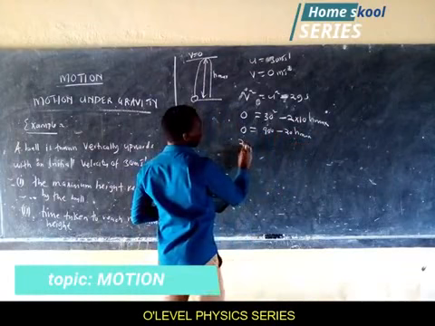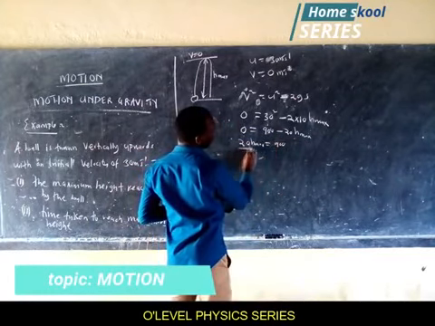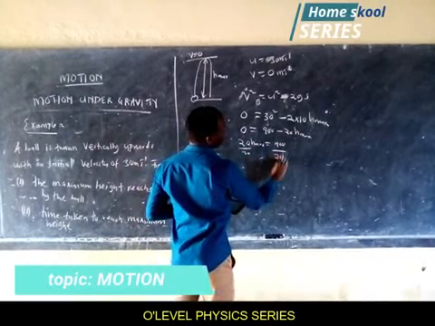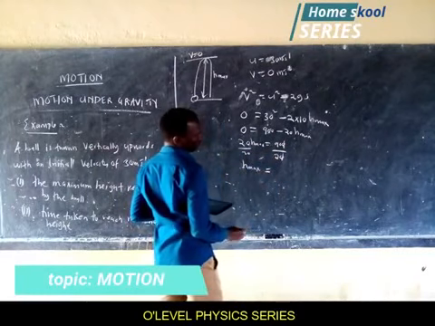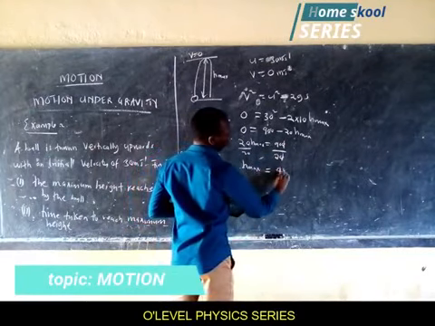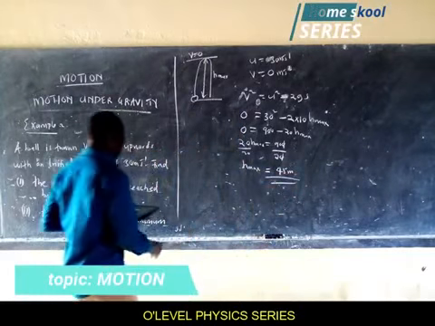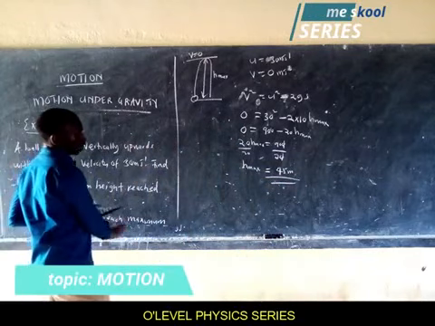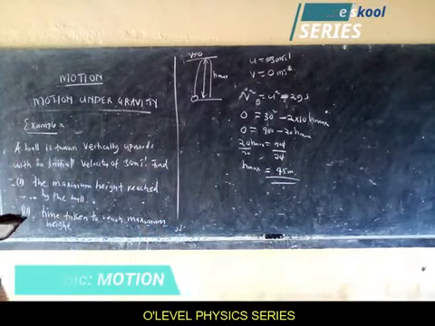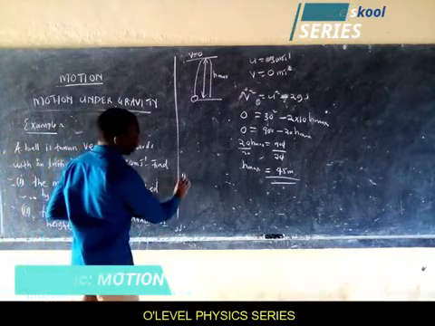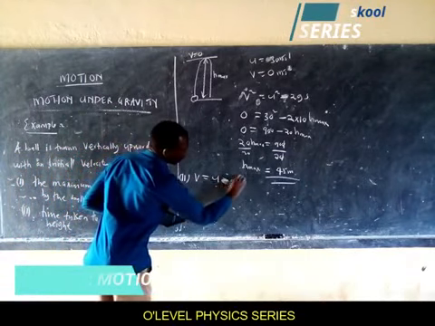This gives us H maximum equals 900 over 20, giving us H maximum as 45 meters. However, basing on our last part, they say find the time taken to reach this height. In this case, I will use the expression V equals U minus GT.